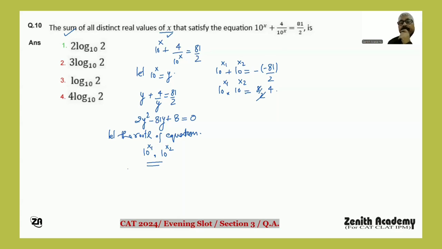And here your choices are in terms of log. So let us take log on both sides. Then log of 10 to the power x1 into 10 to the power x2 is equal to log of 4. The formula is log m into n is log m plus log n.